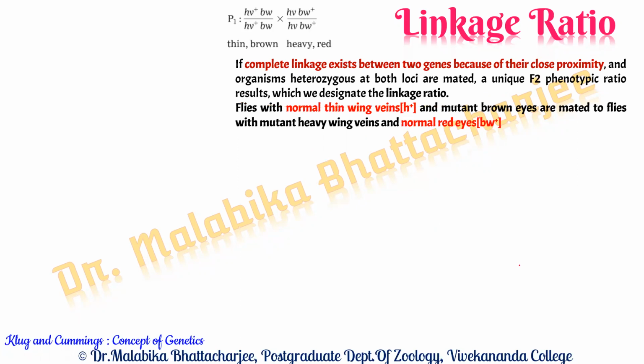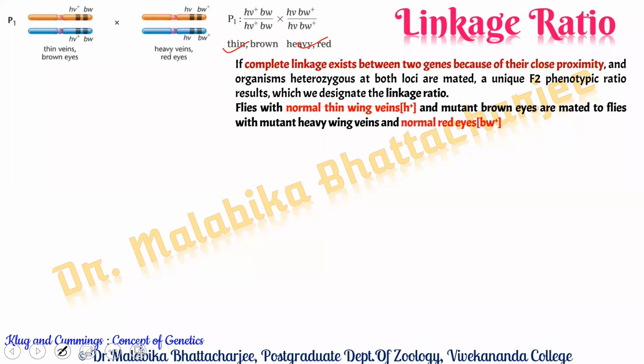Now let us look at the cross. So that is a cross. As you can see, we have a parent that is normal thin wing veins, brown eyes, the first parent. So it's thin veins, brown eyes, and this is the heavy veins, red eyes. Now let's elaborate the diagram.